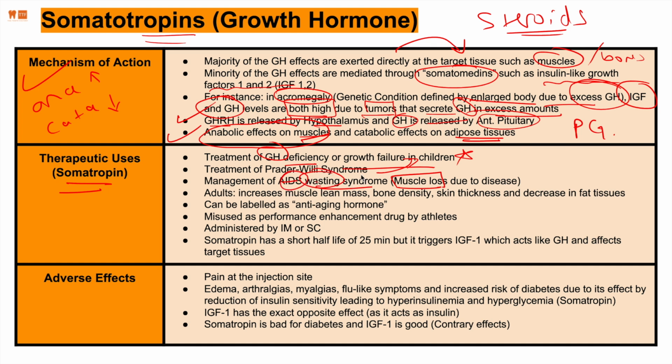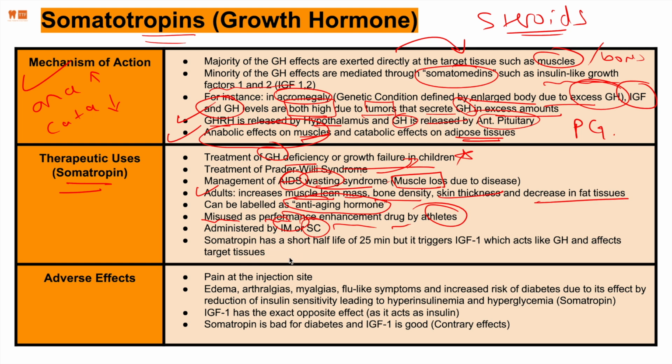So AIDS wasting syndrome, muscle loss. In adults, it increases muscle lean mass, bone density, skin thickness, and decreases fat tissues. It's almost labeled as an anti-aging hormone. How perfect does that sound, right? However, it is misused as a performance enhancement drug by athletes, administered by intramuscular and subcutaneous injection.